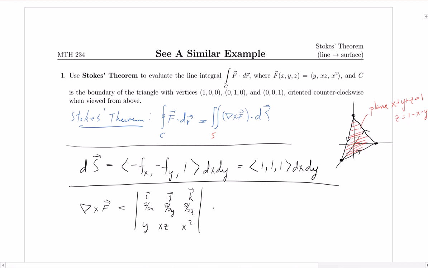Okay, so for the x component, the y derivative of x squared is 0, minus the z derivative of xz, which is x. For the y component, we do the z derivative of y, which is 0, minus the x derivative of x squared, which is 2x. And for the z component, we do the x derivative of xz, which is z, minus the y derivative of y, which is 1. So we have negative x, negative 2x, and z minus 1.